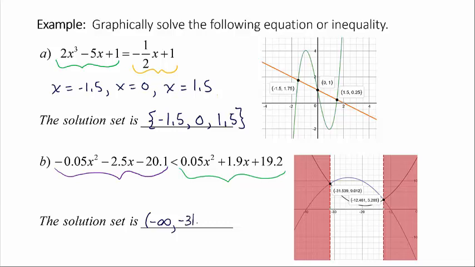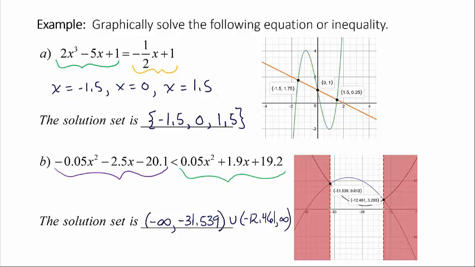Negative 31.539. And it's strictly less than, so we're going to use an open bracket. In union with, what's the other intersection? The x value, negative 12.461, out to positive infinity. The shading just keeps going and going. Hopefully that makes sense.